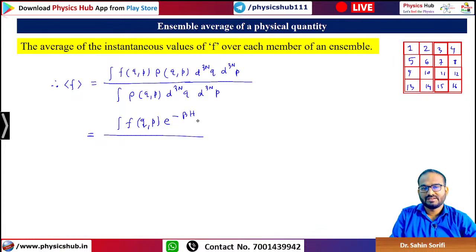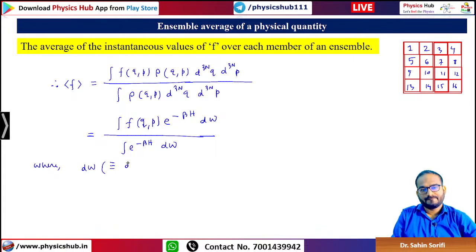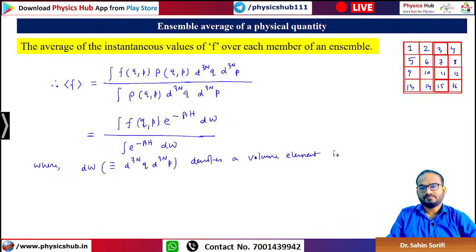So this density is proportional to e to the power minus beta H, and this d3q d3p, you know, represents the volume, where this d omega denotes a volume element in the phase space.